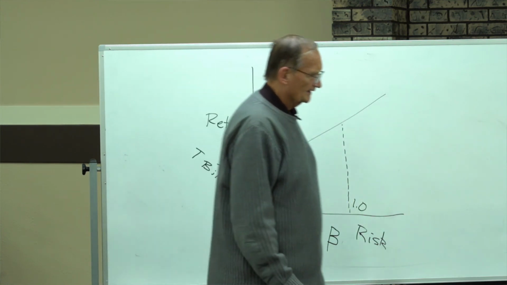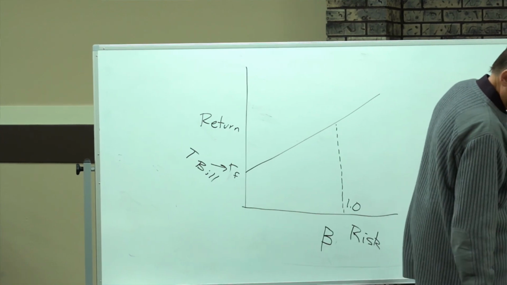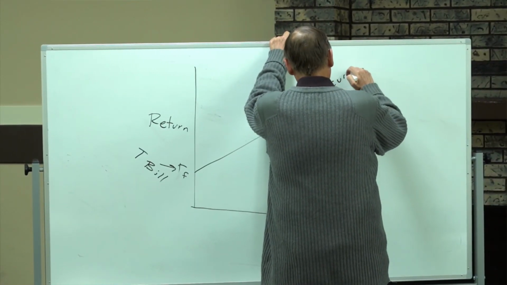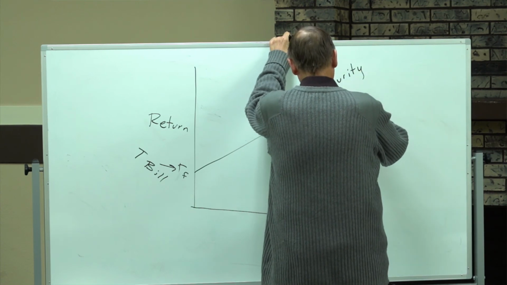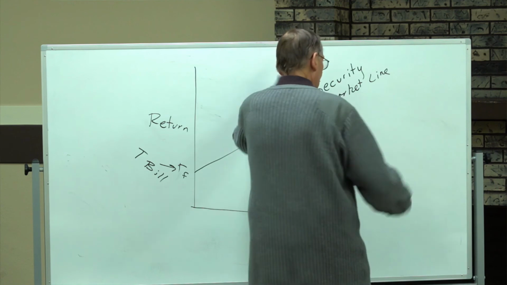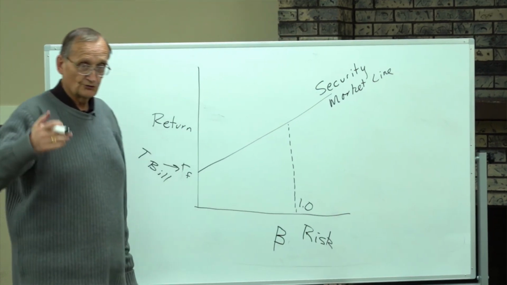So along that line, and now the line is called the security market line, because another name for stocks and bonds are securities.